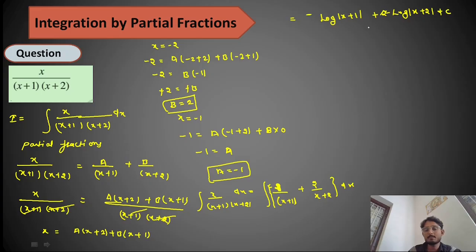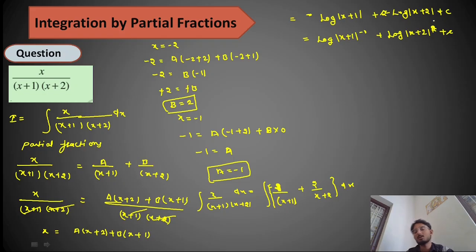So you can write it as, there is a minus, so using the logarithm formula, minus a log b means log b raised to power a, so log (x plus 1) raised to power minus 1 plus log (x plus 2) plus c. This is your final answer.